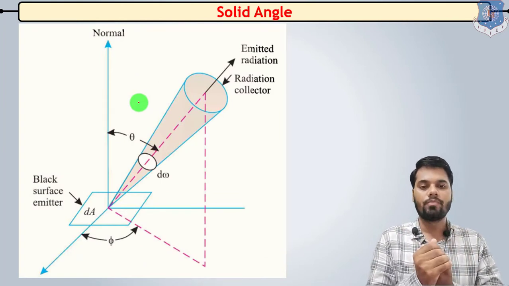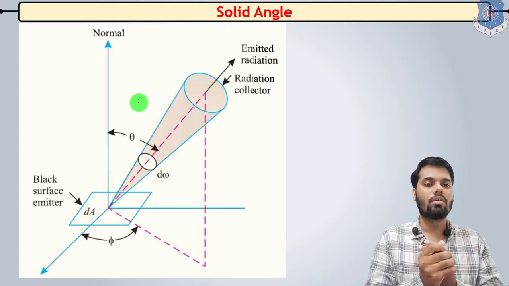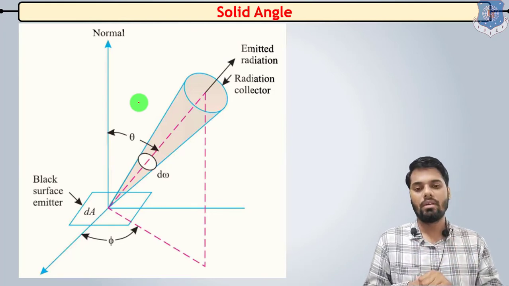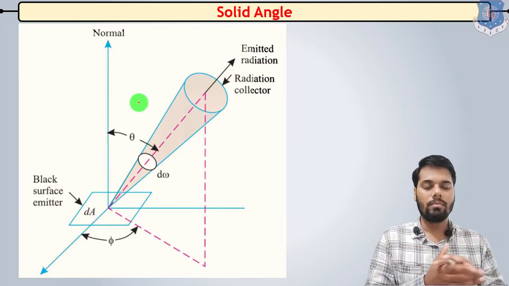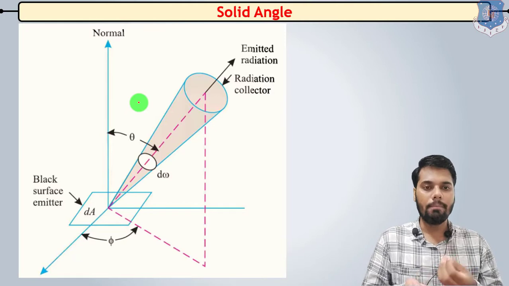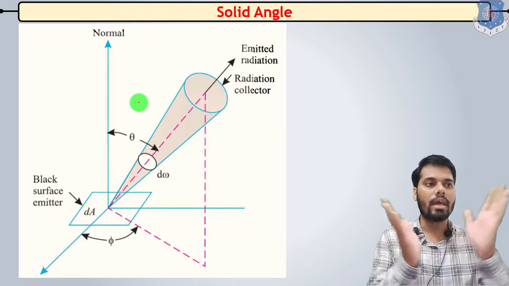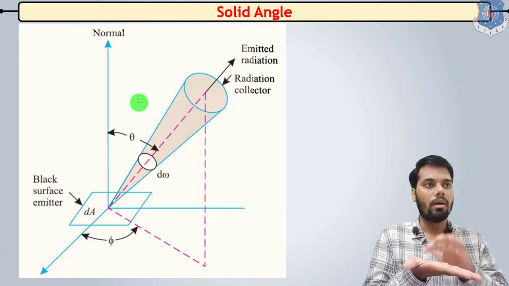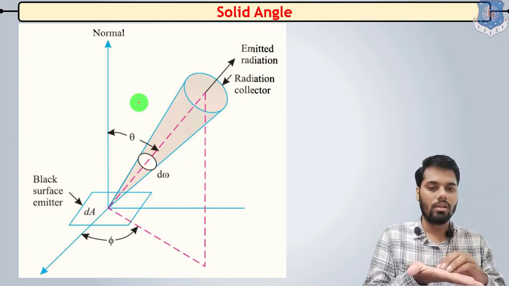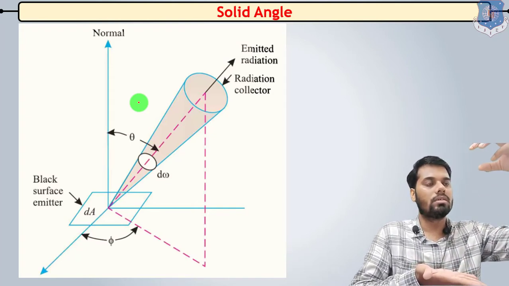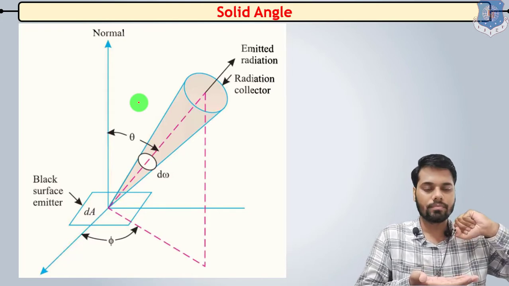Now the question is, why do we study solid angle? What is the importance of solid angle in radiation heat exchange? As we have learned in our previous lecture, all bodies whose temperature is above absolute zero emit electromagnetic waves in all directions. Generally, a plane surface emits electromagnetic waves into the hemispherical space above it, and these are collected by another body placed above the surface at a particular angle.